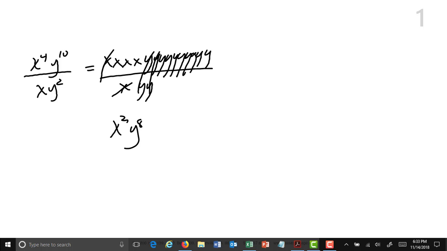It looks like they're subtracting it, right? In fact, they are, because of the following definition. If you move this variable up, the sign changes. So really you can think of that as y brought up here to the minus 2.